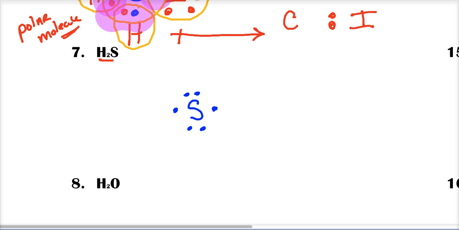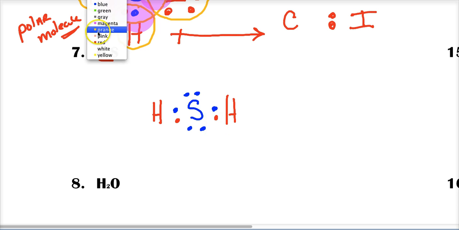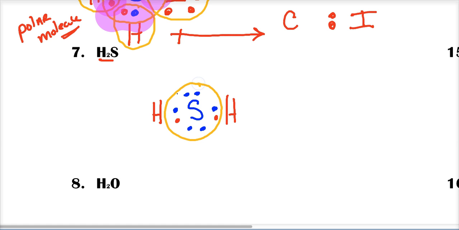H comes here, H comes here. When we evaluate, sulfur now has 8, each hydrogen has 2, and that's a good Lewis dot diagram.